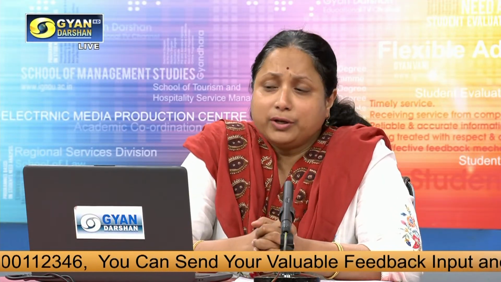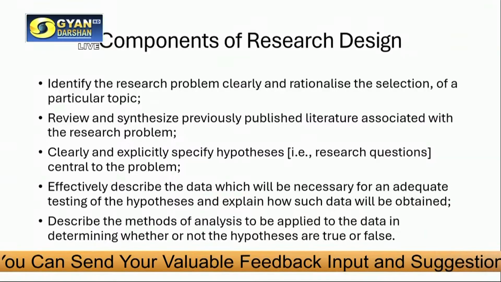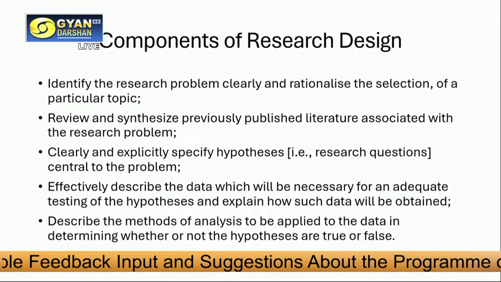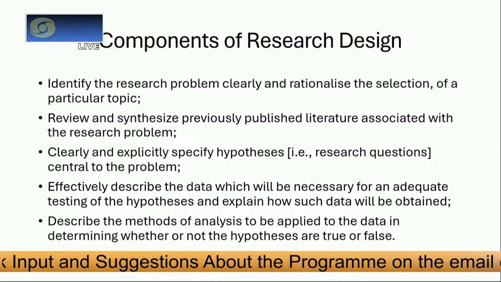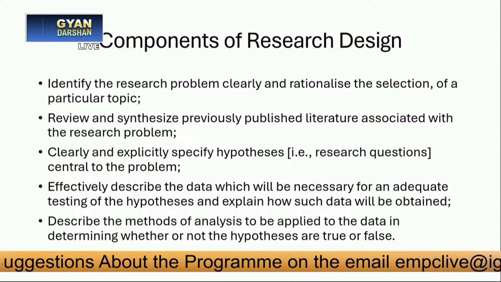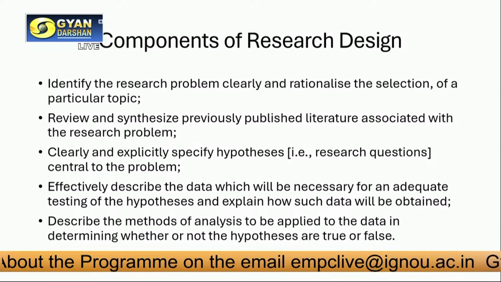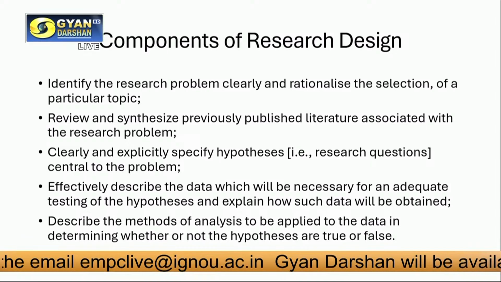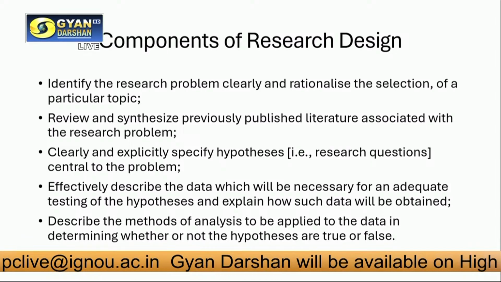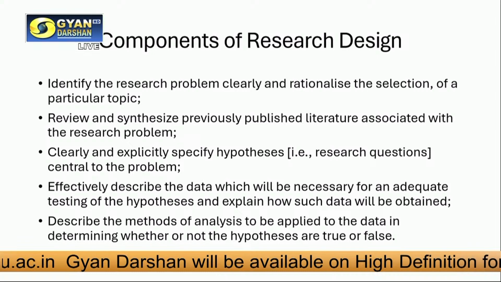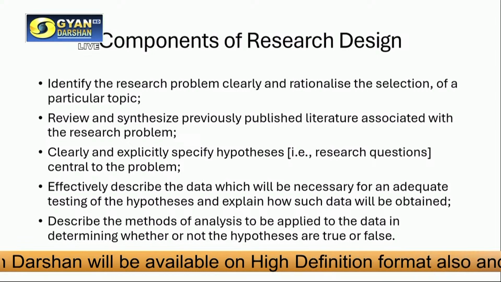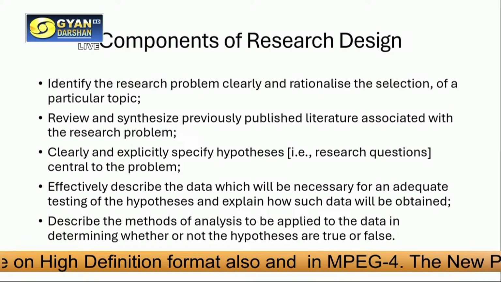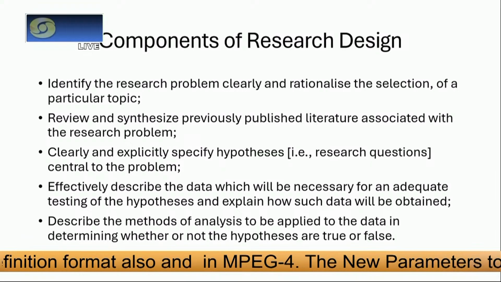Before we go to the components of research design, which include research problem, hypothesis, and review of literature, what are the steps that one can follow in research design? The steps start with the identification of the research problem, that is, the research statement of your study, then formulation of hypothesis, then review of literature, so that you can find the actual gap.